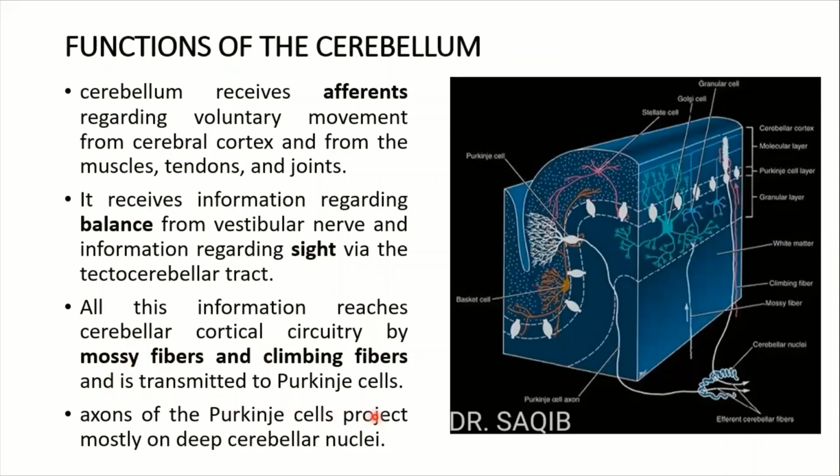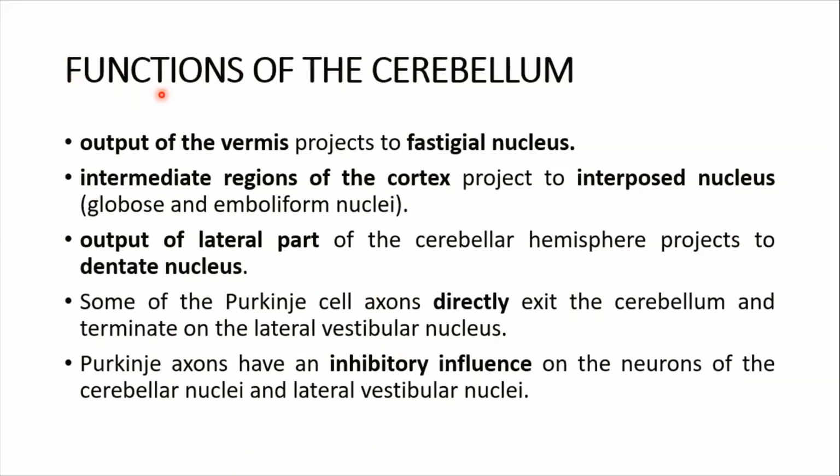Axons of the Purkinje cells project mostly onto the deep cerebellar nuclei. So the output of the vermis projects to the fastigial nucleus. You know the anatomy of the cerebellum, four nuclei, and one is the fastigial nucleus. The output of the vermis, of course, projects to the fastigial nucleus.